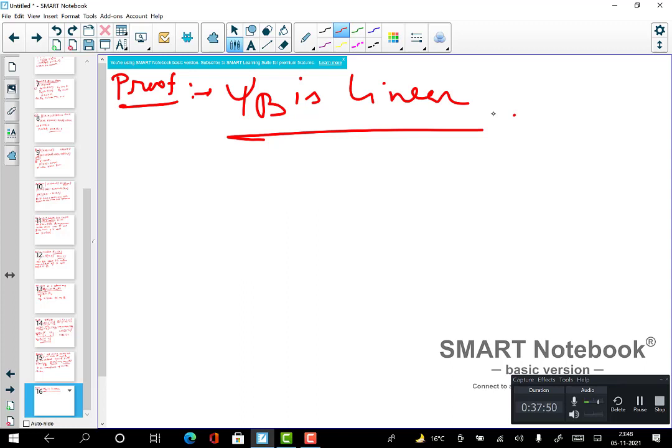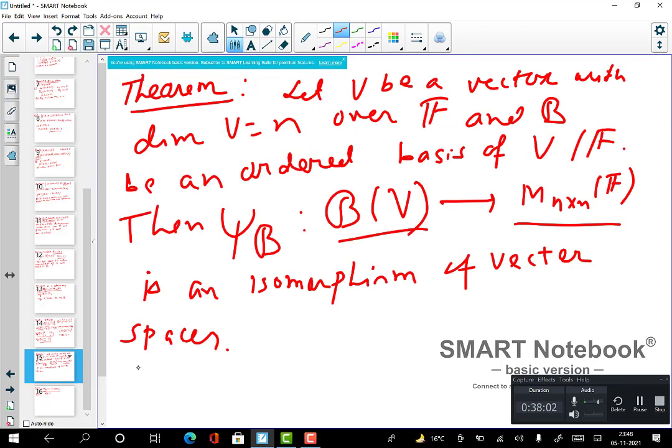So first our claim is that this psi B is 1-1. Maybe we can fix the basis B of this form, something like B1, B2, up to Bn, Vn. It will be easier for us to calculate.